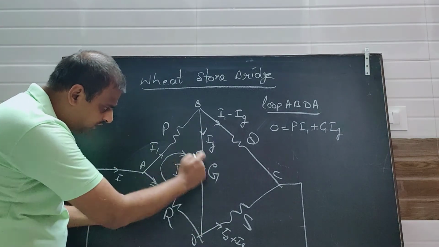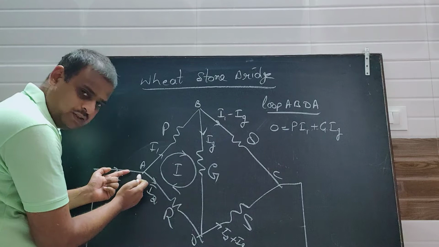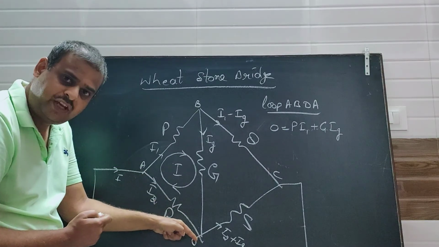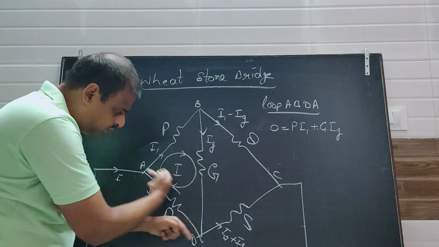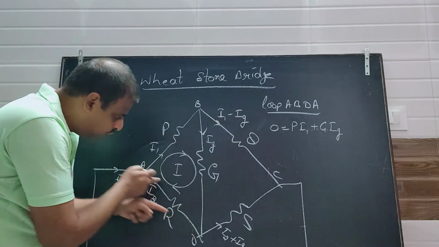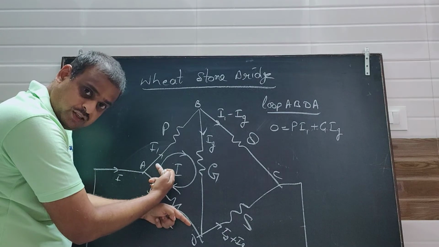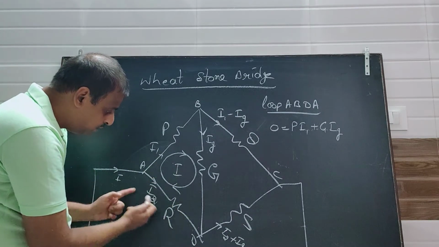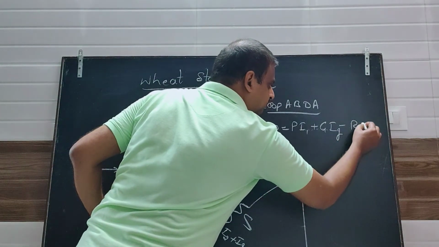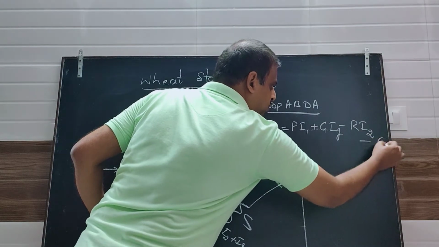The loop is moving from D to A, but the current is going from A to D. So the direction of the current is opposite to that of the loop, so this is minus R I2. Let us say this is equation number 1.